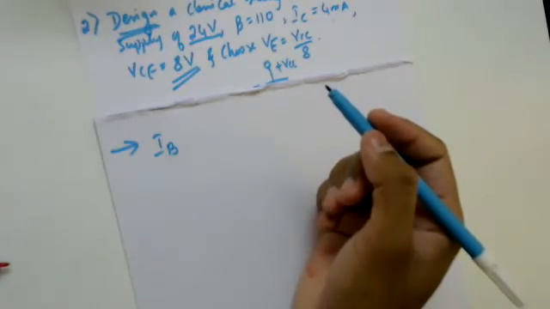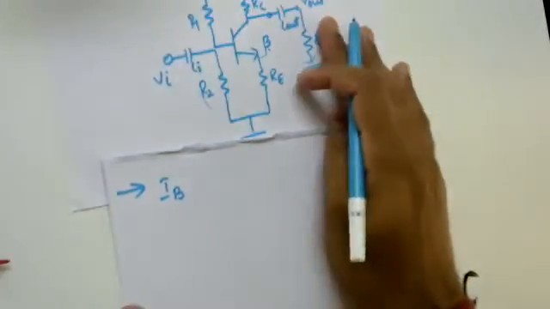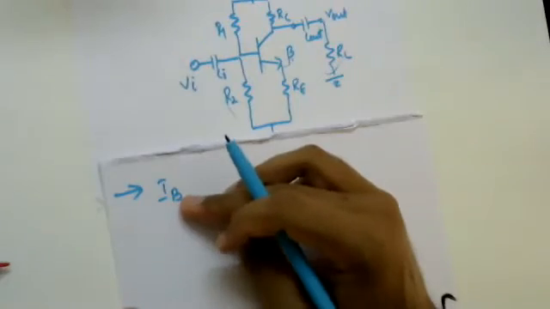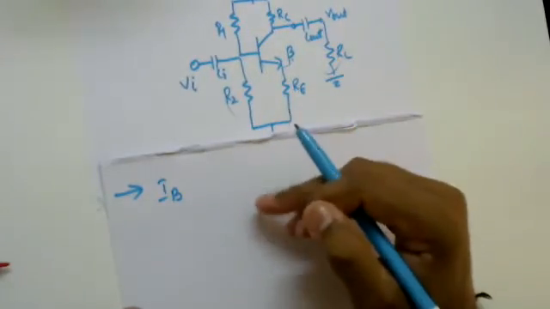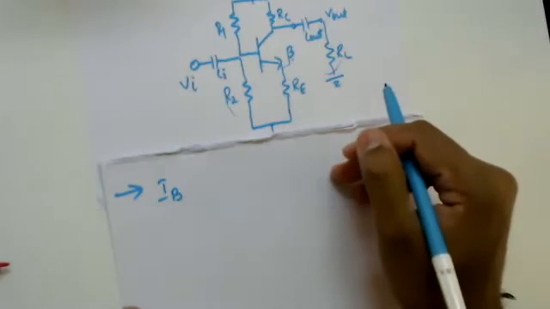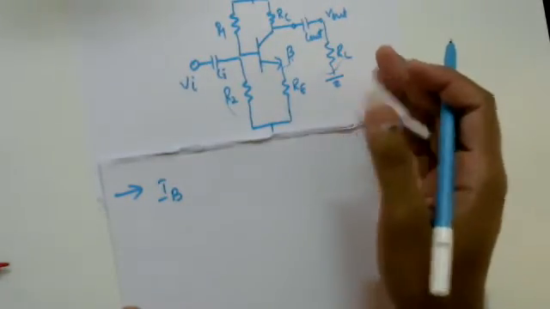Always, don't have the mindset that whenever I am working with this classical biasing circuit, IB has to be VT minus VB divided by RB plus (beta plus 1) times RE. You should not use only that method. You should know the alternative methods also.